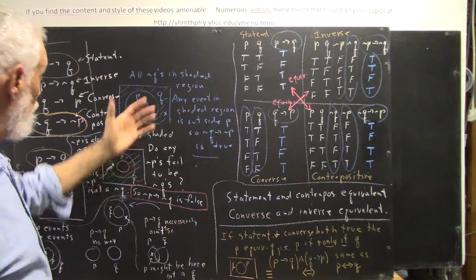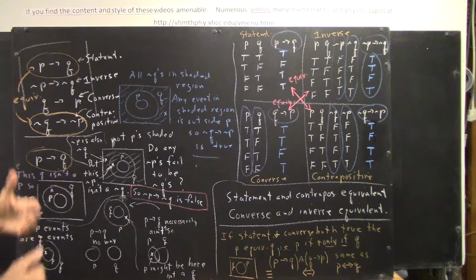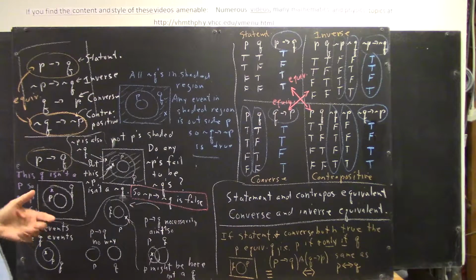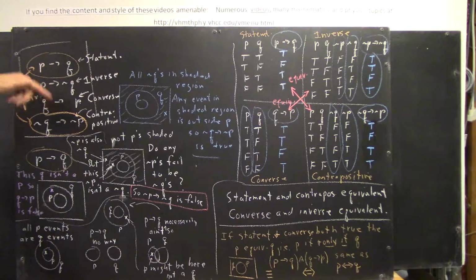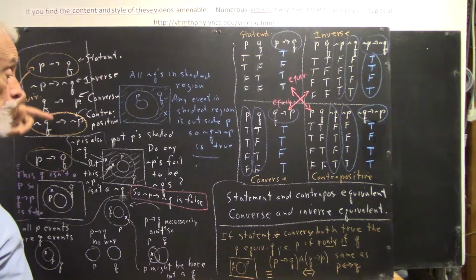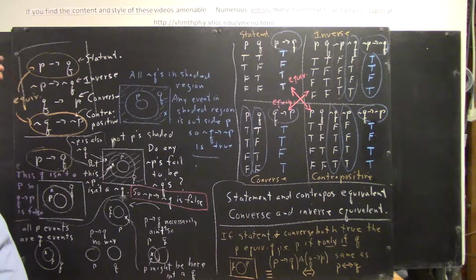The diagrams should help give you more of an understanding of these statements and their relationship. We can also analyze the relationships among these statements by analyzing their truth tables. It's very easy to analyze the truth table of each of these statements, and that's what we're going to do in the next video.